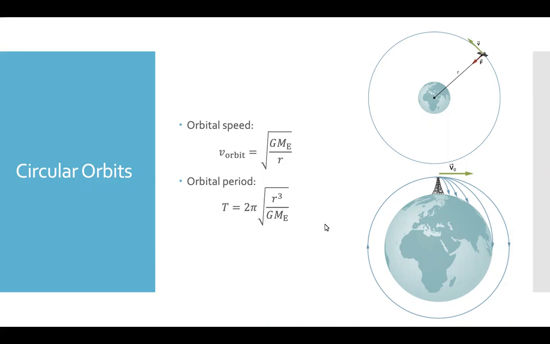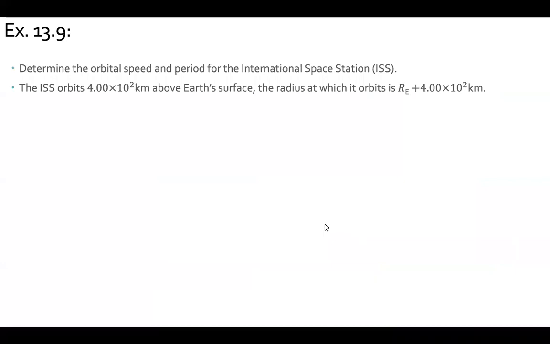All right, so we can go ahead and do an example real quick. 13.9 states: determine the orbital speed and period for the ISS, or International Space Station. It orbits 4.0 times 10 squared kilometers above Earth's surface.